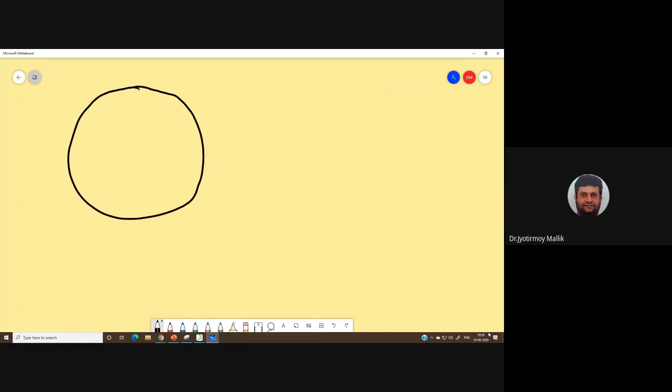This is the perfect sphere, and then we said this is my international reference ellipsoid.